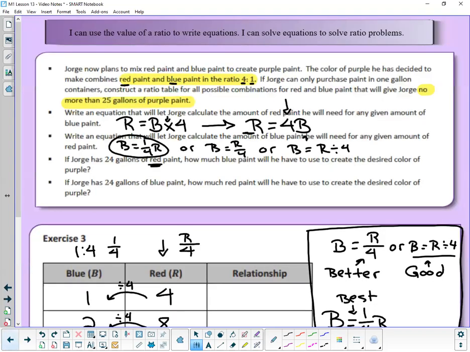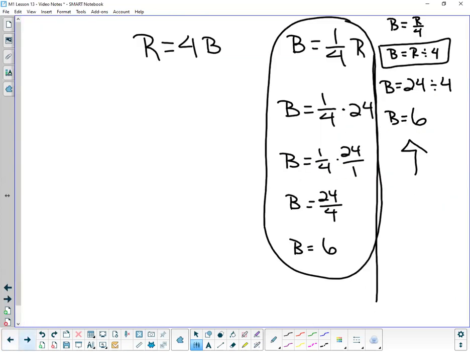Then it says, if Jorge has 24 gallons of blue paint, how much red will he have? Well, look, what we're saying is how much red. So when it's all by itself and the equal sign, we're trying to figure out this question, how much of this. We know this. So that means the amount of red paint is going to equal 4 times the amount of blue paint.